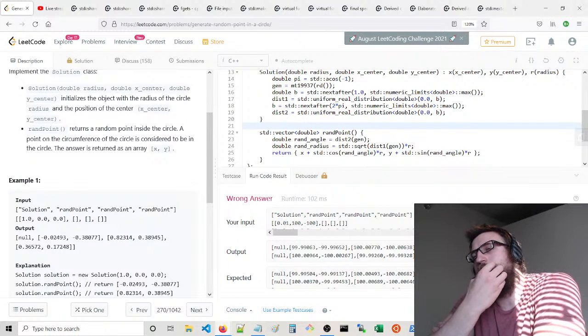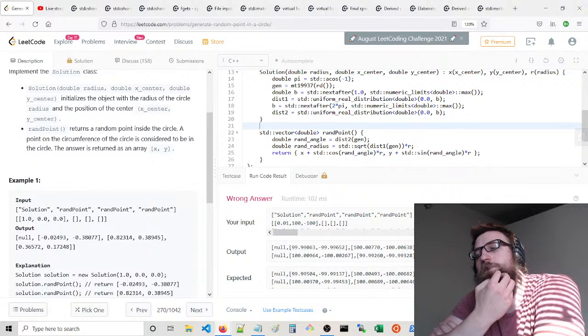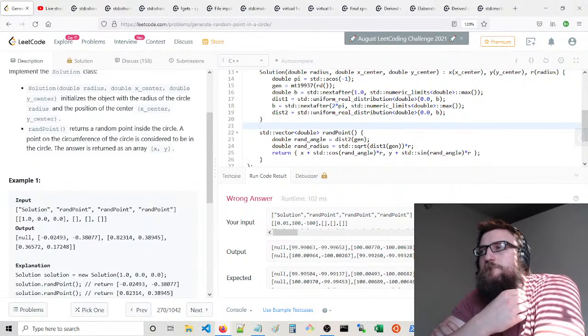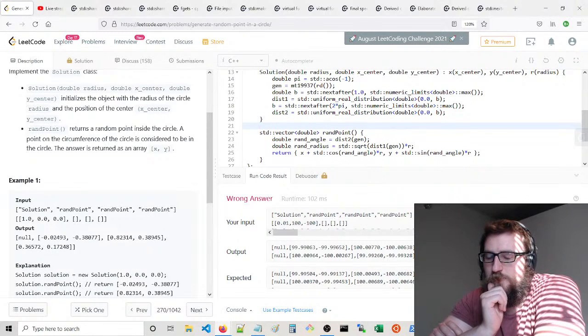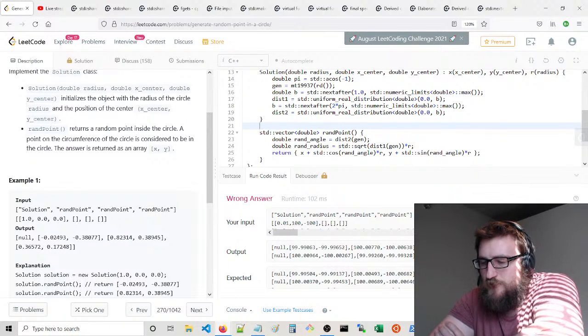It's the square root of the uniform distribution from 0 to 1, instead of just a random number from 0 to the radius. Because if you did it that way, you'd have way too many points in the donut.